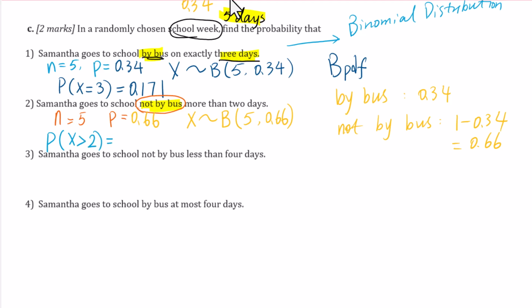We need to change this into compound inequality. X greater than 2 means X greater than or equal to 3, less than or equal to, the number of trials is 5. So less than or equal to 5. Let's go to calculator.